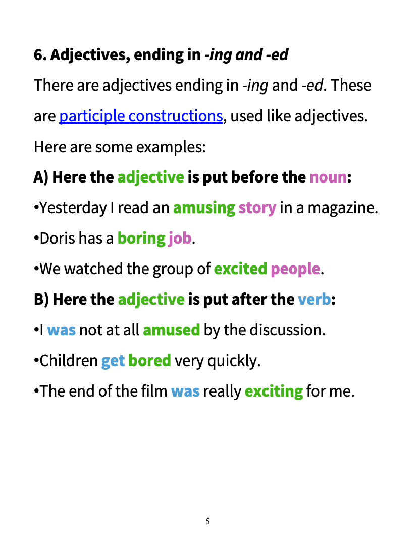B. Here the adjective is put after the verb. So here the adjective comes after the verb, whereas the adjective we discussed before comes before the noun, in this case with ing or ed. Let's check this example: I was not at all amused by the discussion.